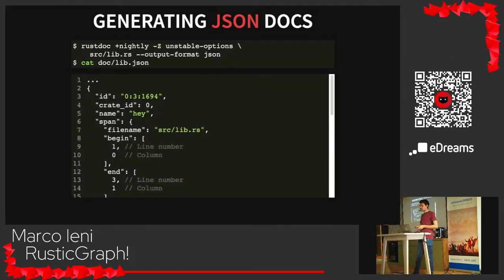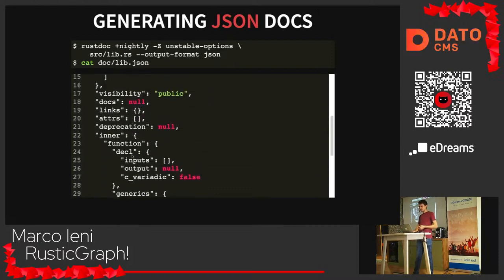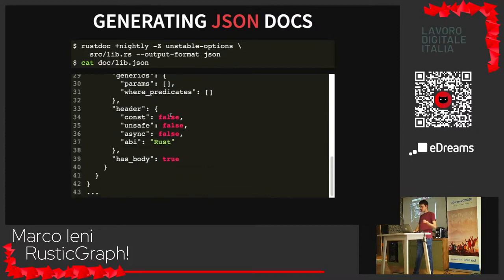This is a stripped version of the output, and you can see that this block describes my function, hey. It has a name, the file where this function was, line number, column, it was a public function, it's not const, it's not unsafe. So pretty much it's a full description of the function.